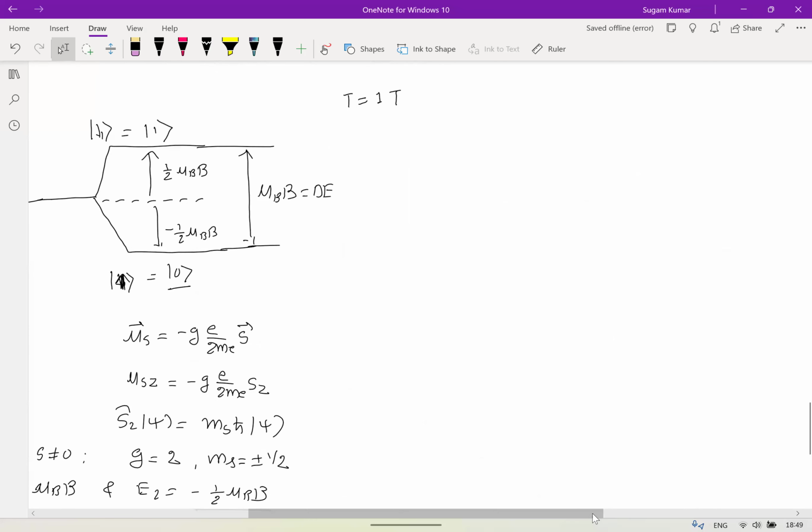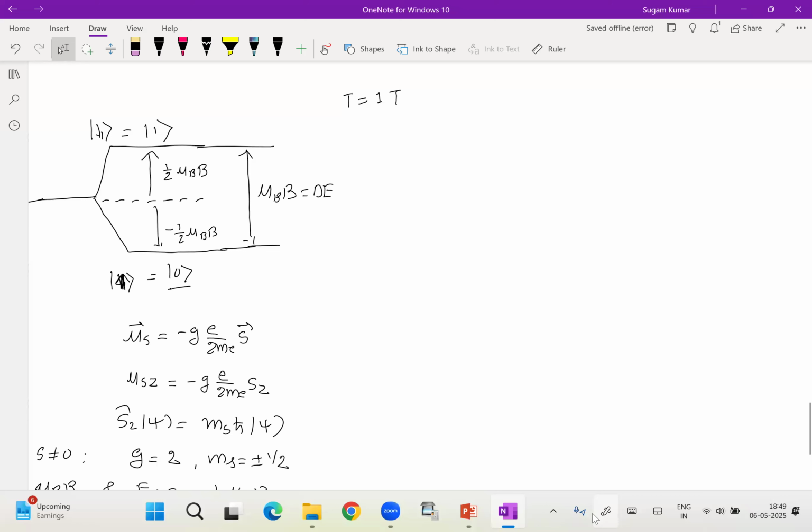So here what I'm saying is: think about the situation where there is a 1 Tesla magnetic field. Then, if I calculate h nu, because you get the energy here, you multiply mu_B with B of 1 Tesla, equal to h nu. And if you calculate nu, this nu is actually 28 gigahertz.